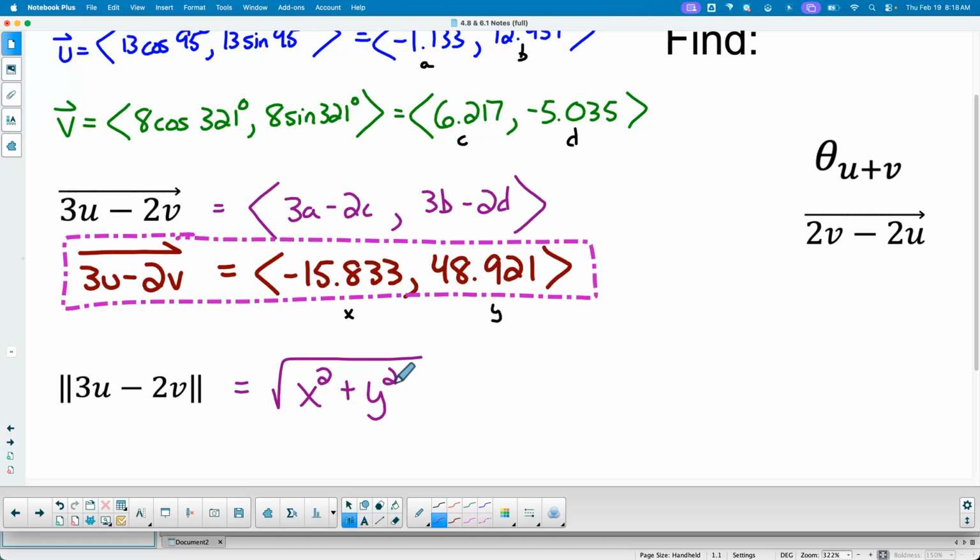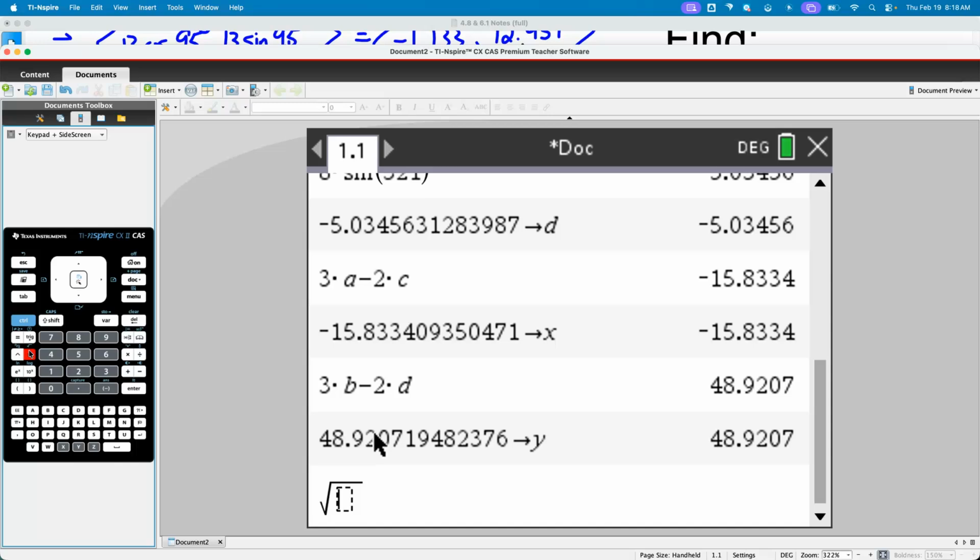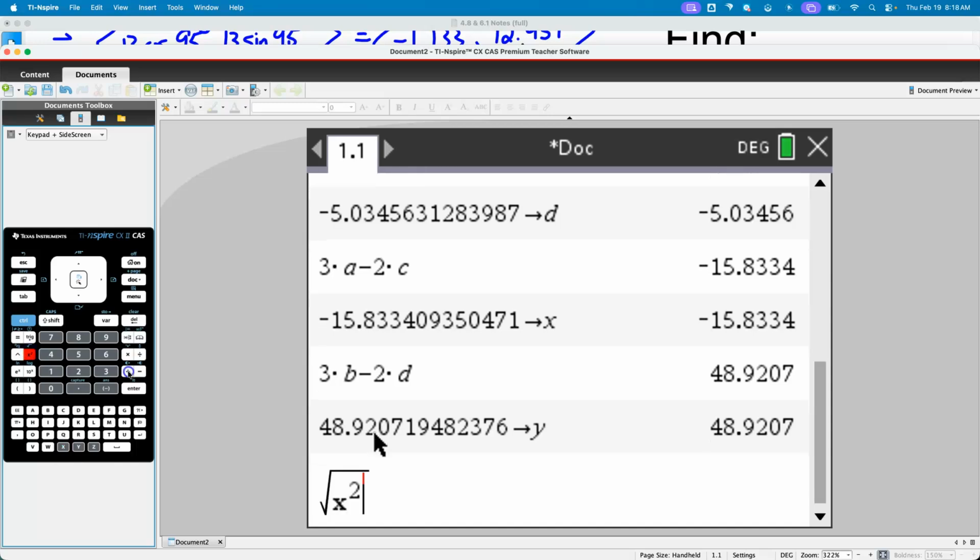Square the horizontal, square the vertical, add them together, take the square root. Because I stored those two as x and y, I can come back here to my calculator and go square root of x squared plus y squared. And I forgot to tell you, I know that x and y have values stored on them because they're bold.